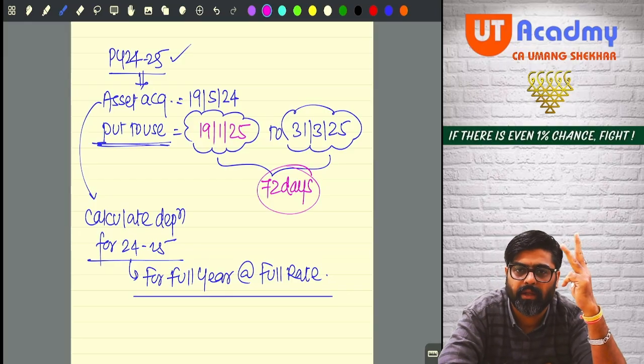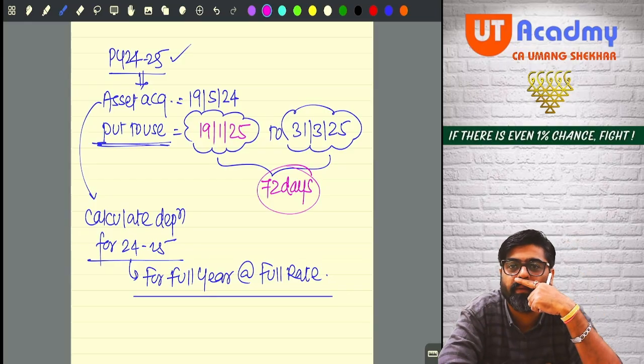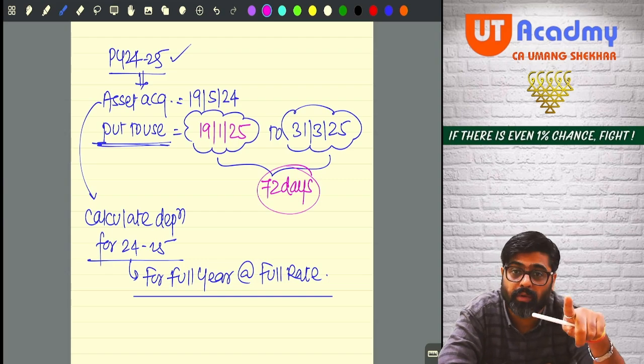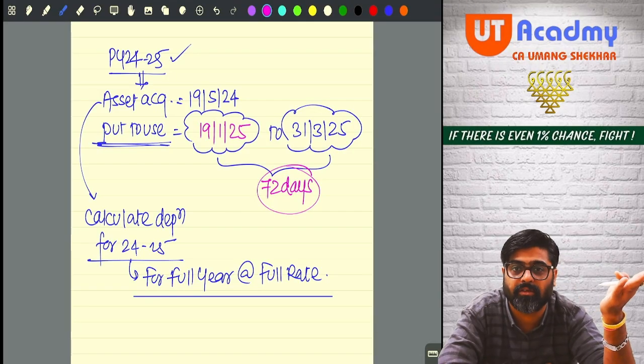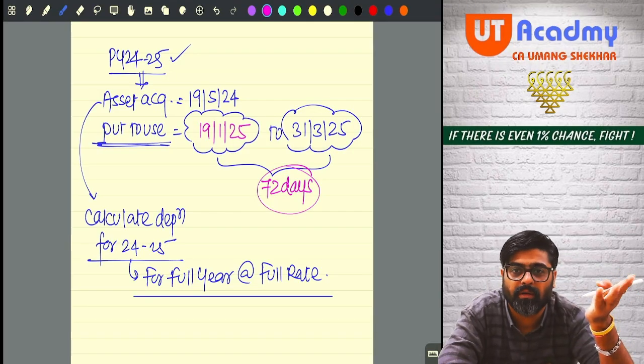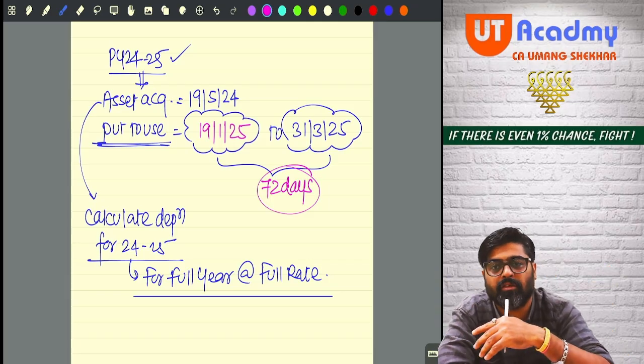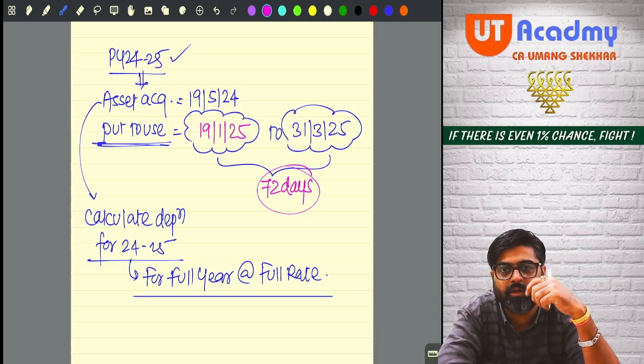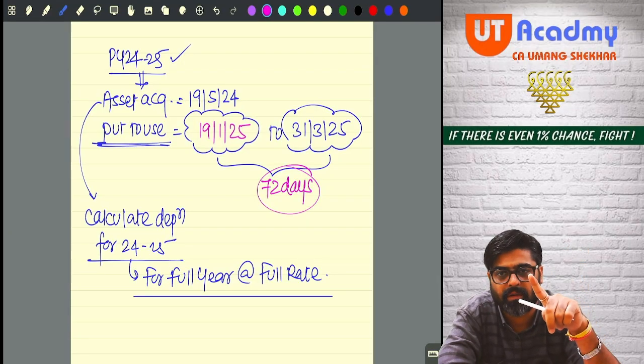So 30 minus 18 will be 12 days of September you are going to use, from 19th till 30th September. So you'll have to reduce 18 days from 30. So 30 minus 18 will give you 12 days of September.